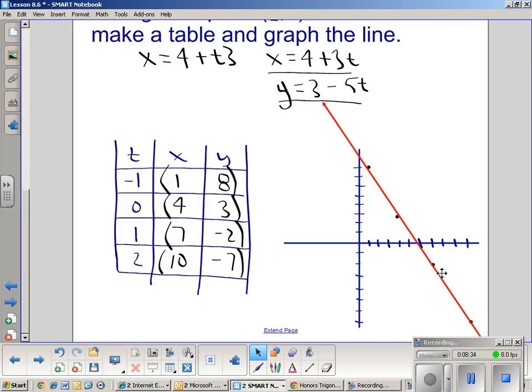Close enough. If we had an actual grid, if I put the graph up there, then it would have worked a little better, but it looks like that.